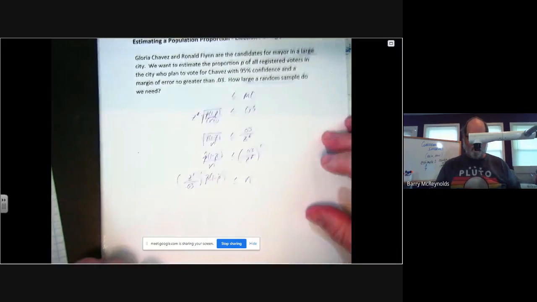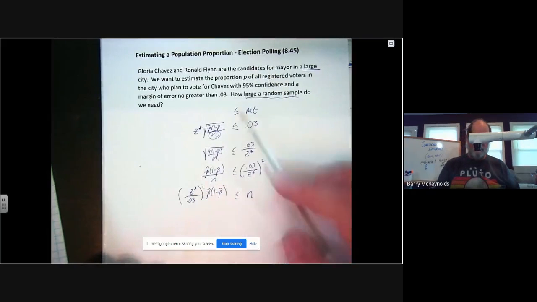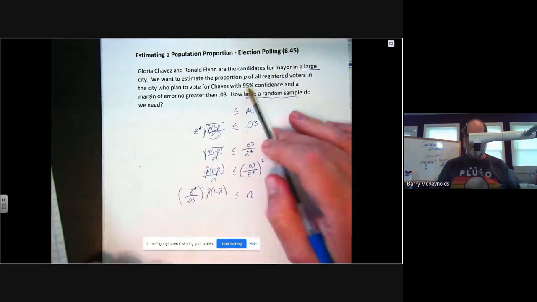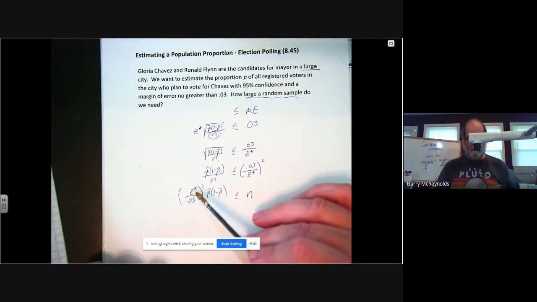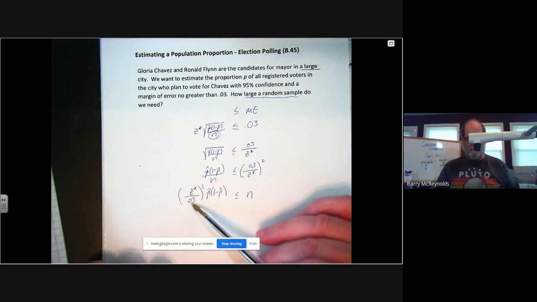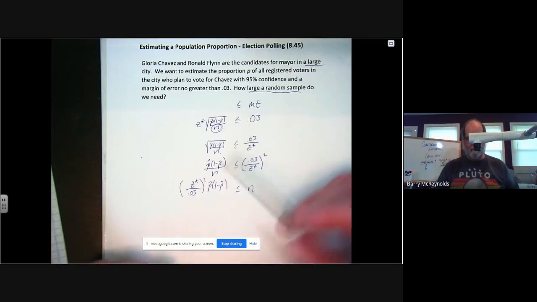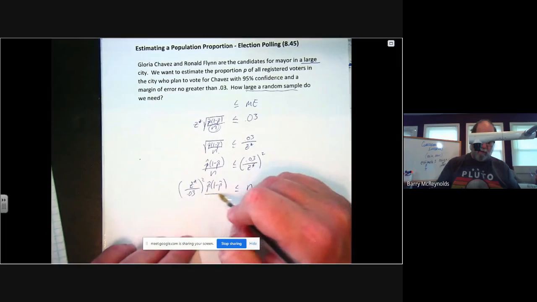Okay, and so I know that z star comes from this 95% confidence interval, and we looked it up already, and this value here is going to be 1.96. So this thing is just going to be a number. It's 1.96 divided by that squared, whatever that turns out to be, and it's times this thing right here.